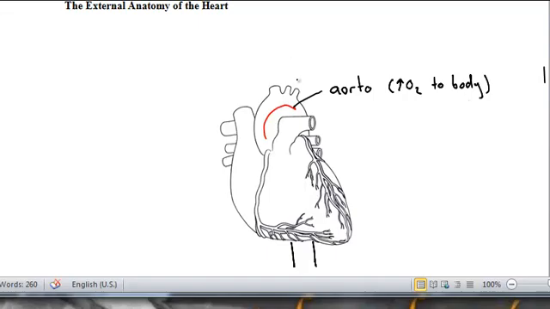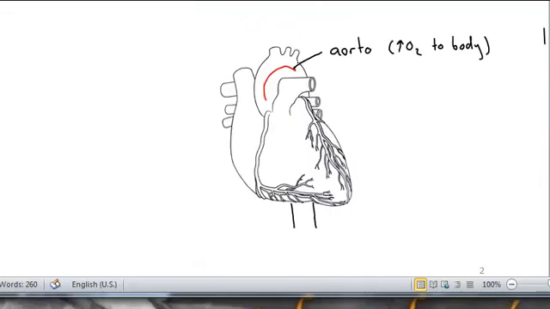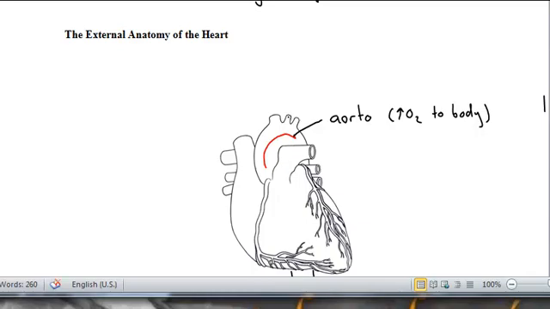Branching off of that, up here, this one's going to your head, and this is your left carotid artery, which is high O2 to head.